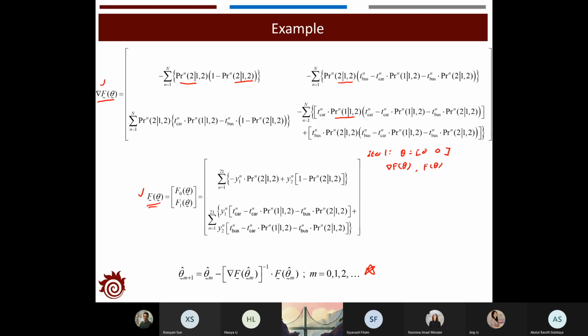So these two are vectors and matrix, and then we can get, say, this is a theta 1. Then in the iteration 2, of course, here we need to get an update and get a theta 2 equal to theta 1 minus the inverse derivative times F(θ).